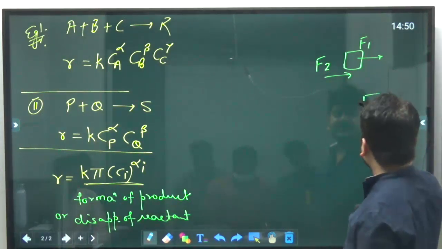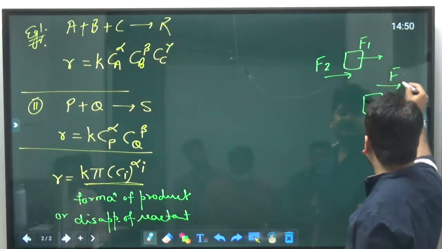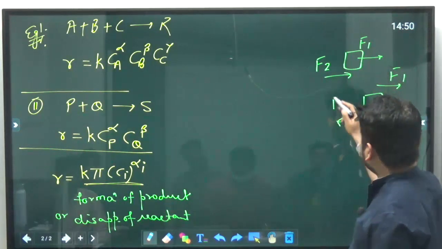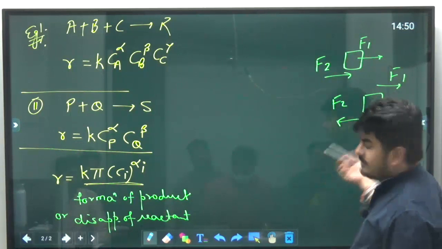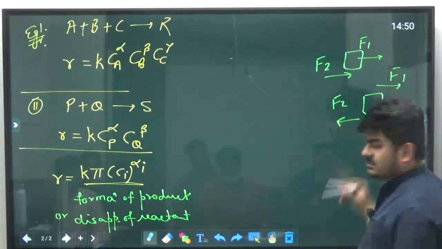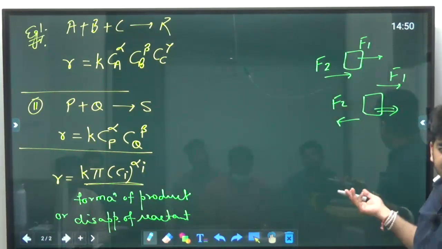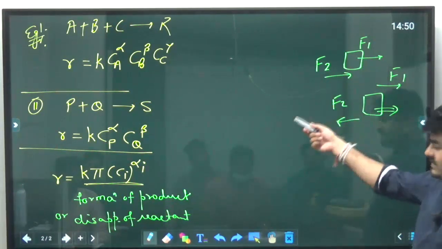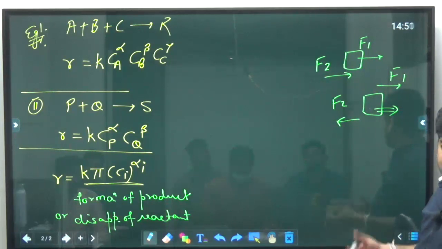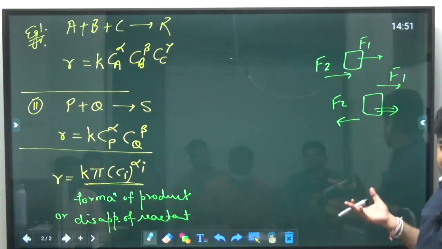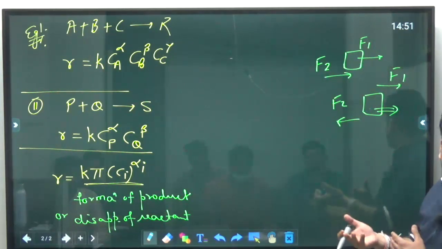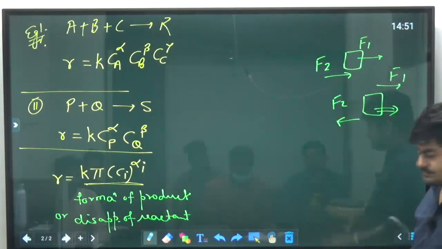And if one force F1 is in this direction, one force F2 is in the opposite direction, and the body is moving in the direction of F1, then what will be the net force? F1 minus F2. You know that, simple. Why? Because their directions are different.